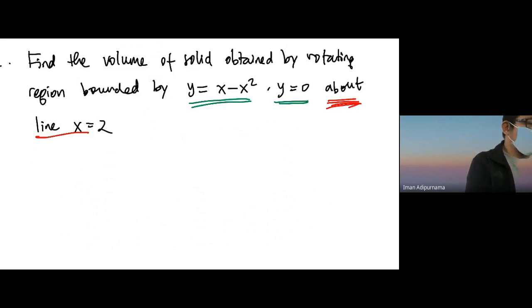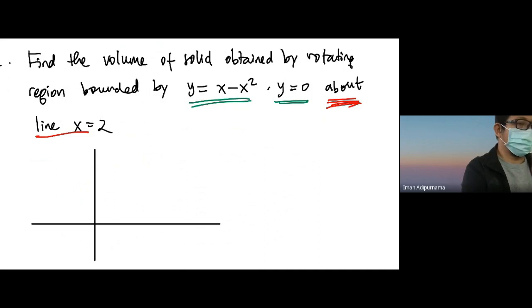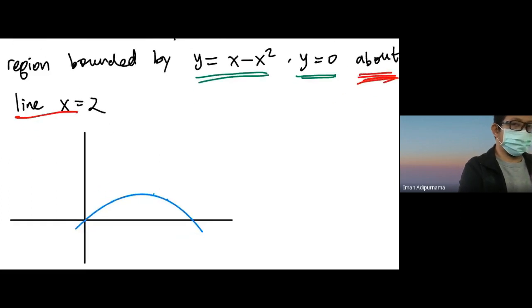As usual, I suggest drawing a rough sketch to imagine how the graphs look. And I believe this is how it looks like.